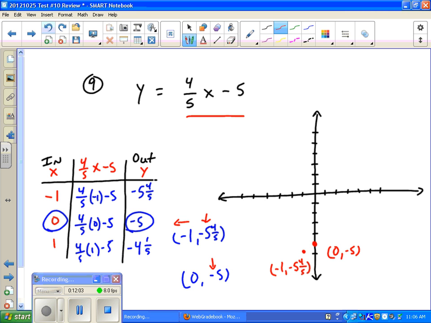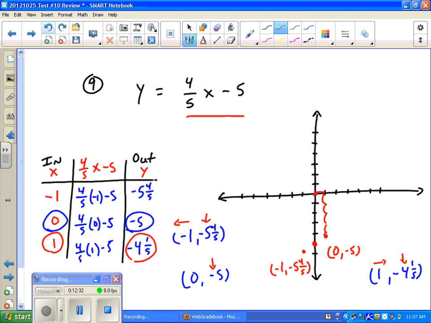And your third point, we're going to take our x value 1 and our y value -4 and 1/5. So 1, and I'll write it out here to the side where we got some room, and -4 and 1/5. That tells us to go to the right one time and down -4 and 1/5. So from the origin again to the right one time, down 1, 2, 3, 4, and then 1/5 would just be right past 4.